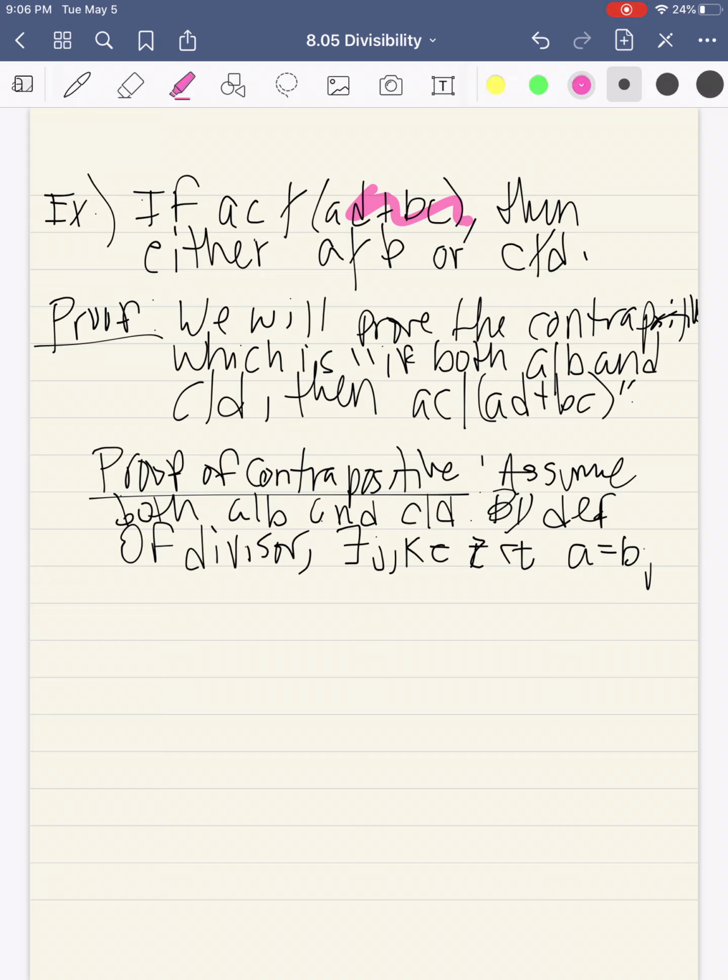So I essentially need to have B is equal to some multiplied quantity. So I need to be careful here. The statement would read B is equal to AJ and D is equal to CK.